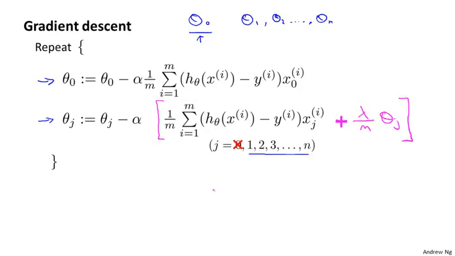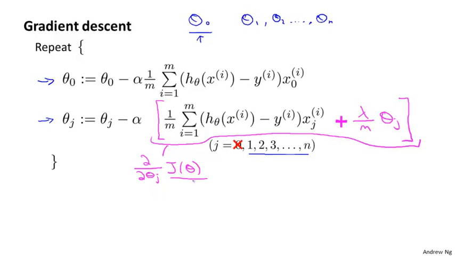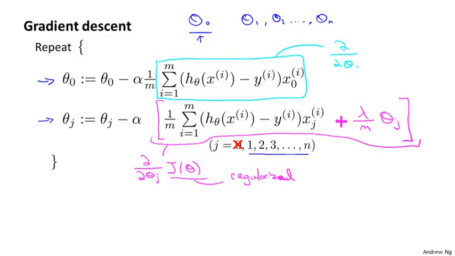I'm not going to do the calculus to prove it, but if you look at this term written in square brackets, if you know calculus, it's possible to prove that that term is the partial derivative with respect to theta j of J of theta, using the new definition of J of theta with the regularization term. And similarly, this term up on top, which I'm drawing in the cyan box, that's still the partial derivative with respect to theta 0 of J of theta.